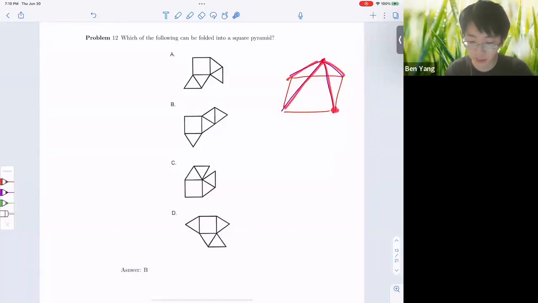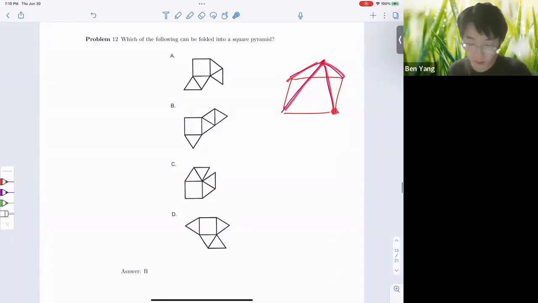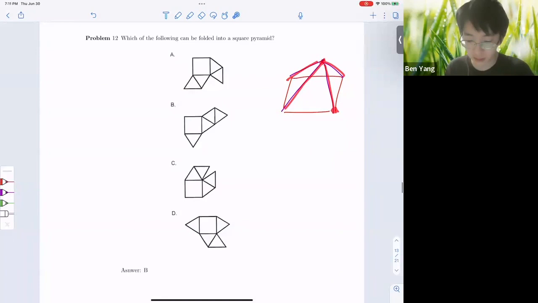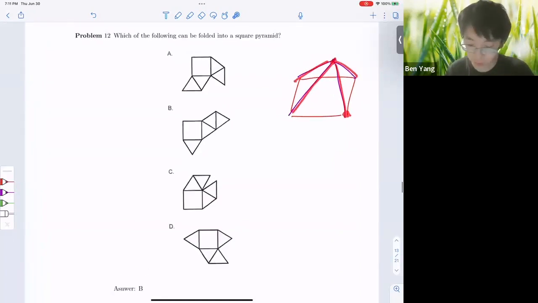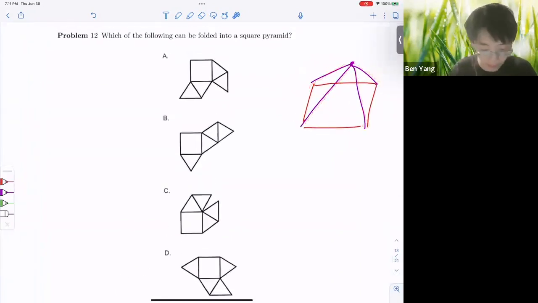So that's a square pyramid. Which of them can be folded into a square pyramid? I guess here we have to use our imagination, or we can draw the top view of the pyramid.